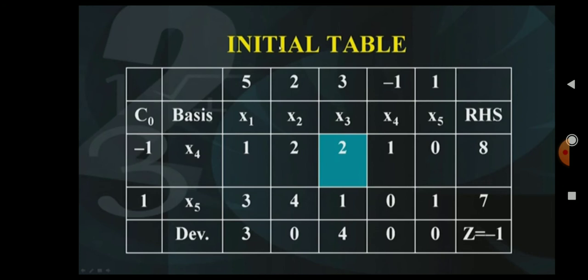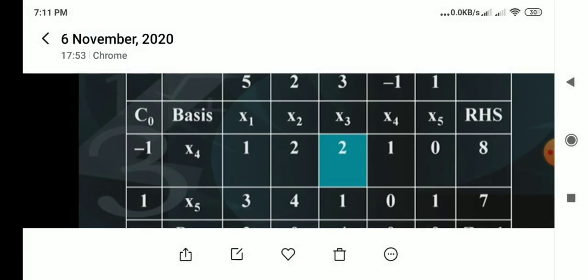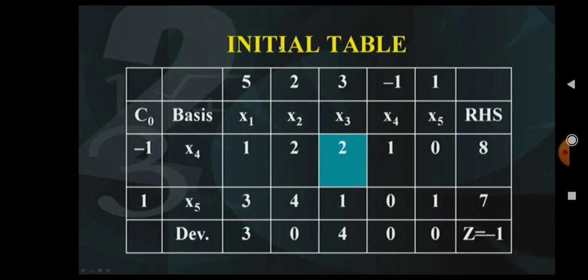So the initial basic feasible solution is taken as x4 and x5. Put the basis variables as x4 and x5, and under the column C0 put the corresponding coefficients of the objective function, which are -1 and 1.